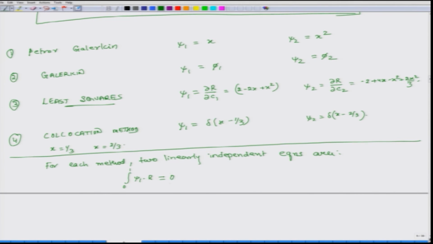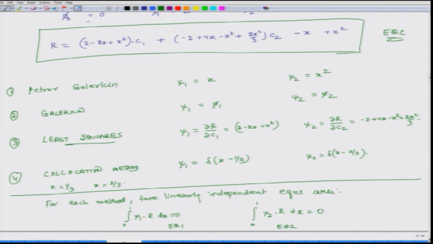So, this is equation 1. And the second equation is the integral from 0 to 1 of psi 2 times the residue, dx, equal to 0. So, this is my equation 2.